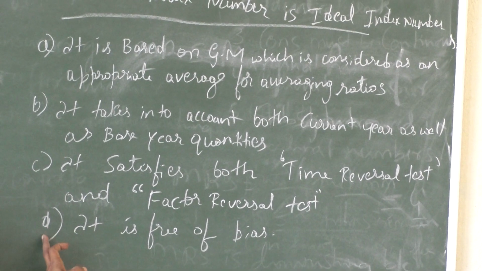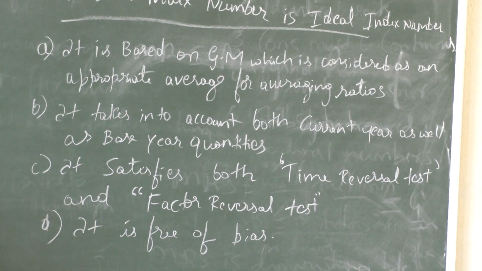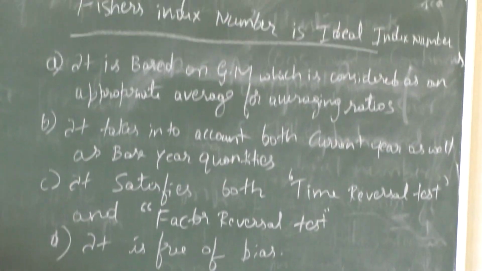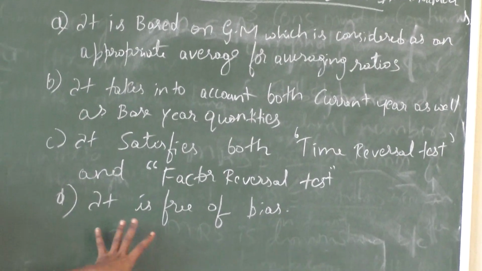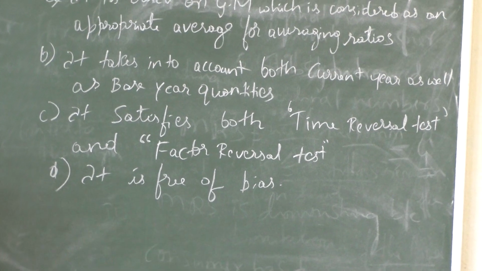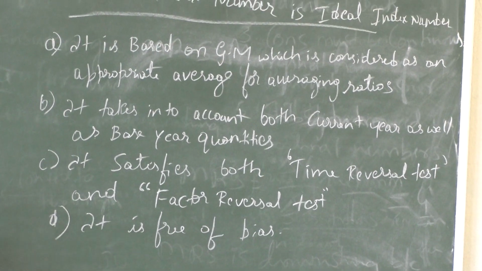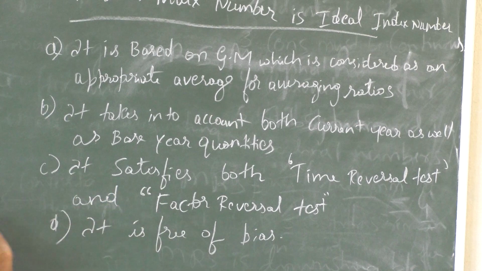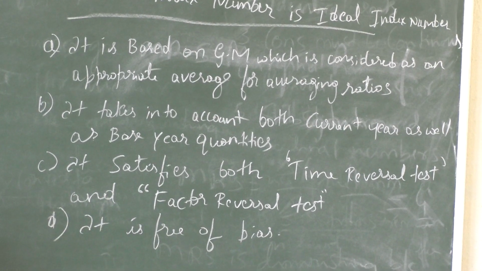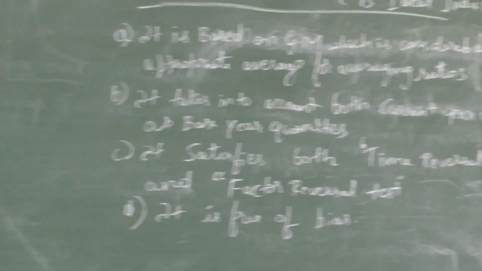Fourth, it is free of bias, because we are taking both the current year and base year quantities. The explanation is given in Fisher's index number.